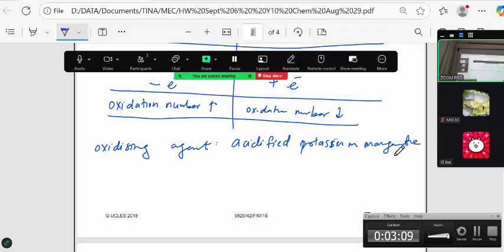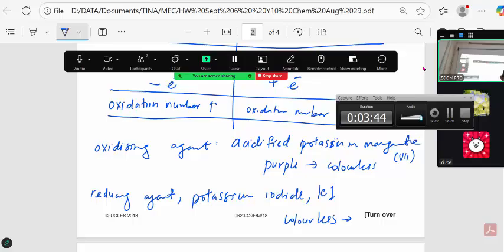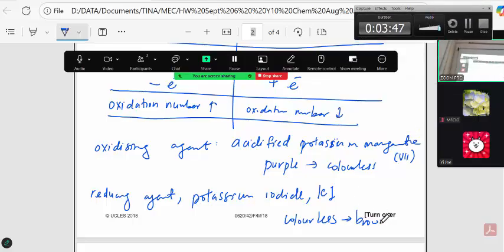It will change from purple to colorless. And the most famous reducing agent is potassium iodide, KI. It will change from colorless to brown.